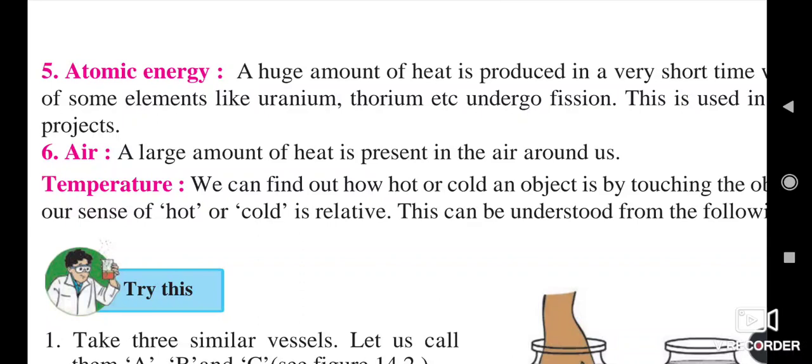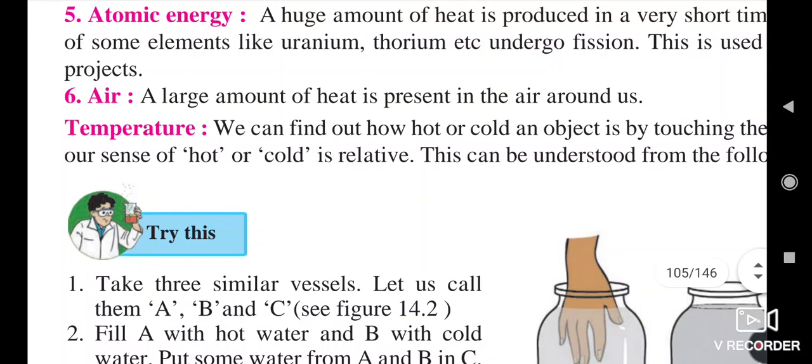So atomic energy is also referred to as green energy, which releases heat useful for different processes. So atomic energy is also one of the major sources of heat energy today.